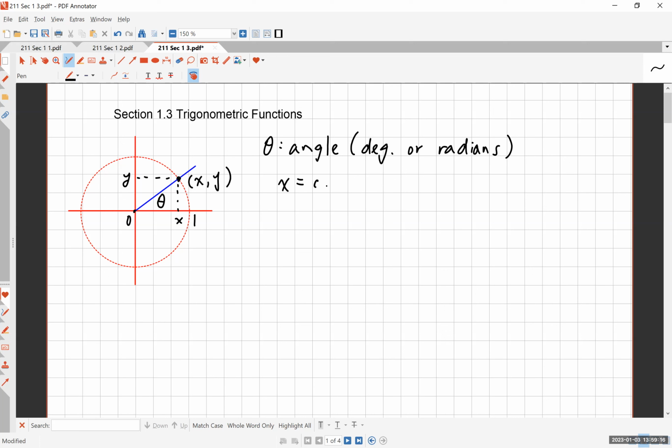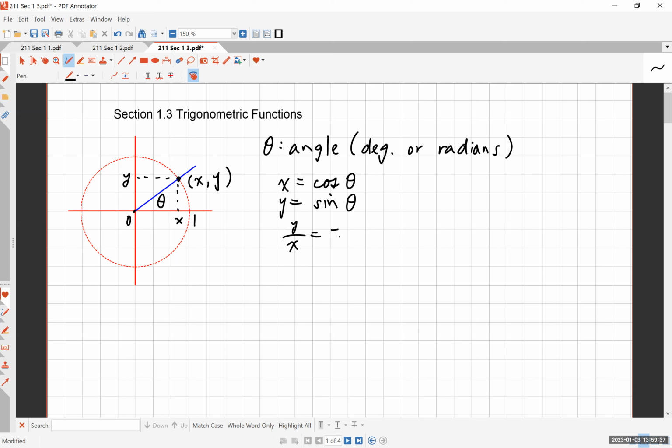So the most appropriate definitions of the sine and cosine functions are from this, okay? So x, the first coordinate, is the cosine of theta, and y is the sine of theta, right? And then the tangent can be defined basically as y over x.